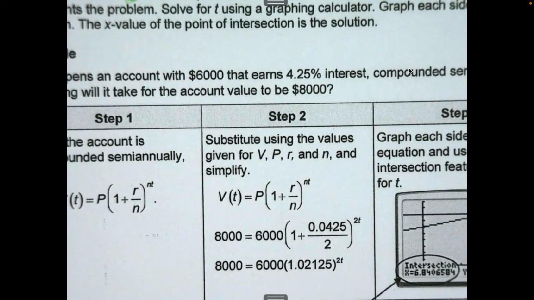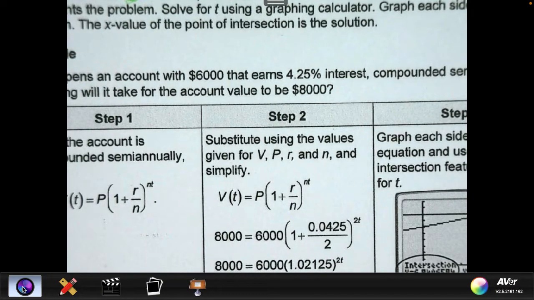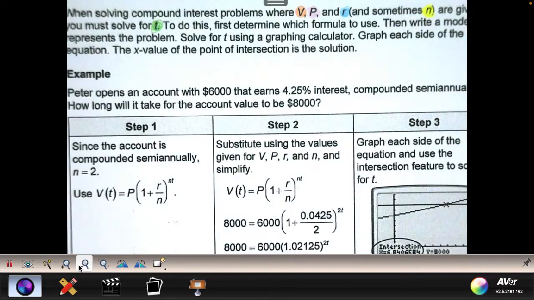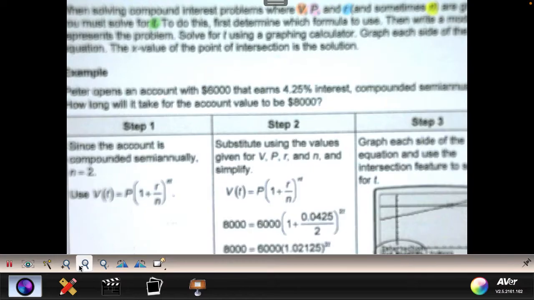Let me zoom in on this. Just the main thing is, where did they get the numbers for the formula out of the words you read?